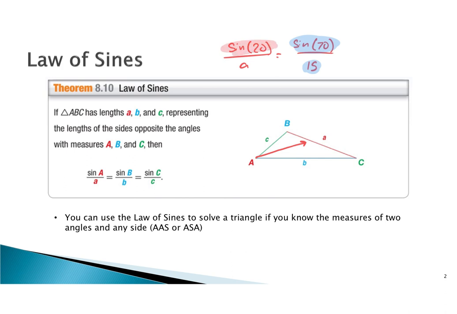So you need a pair, a side and its angle, and then one other piece of information. The other way you can look at this is you either need angle, angle, side, or angle, side, angle. If you have either of these 2 combinations, you can use law of sines.